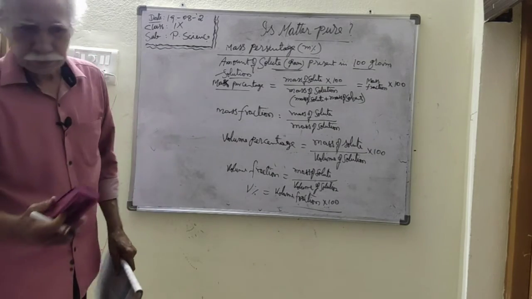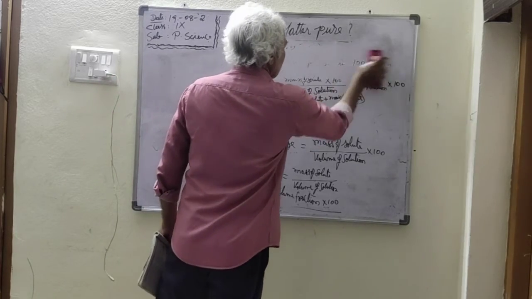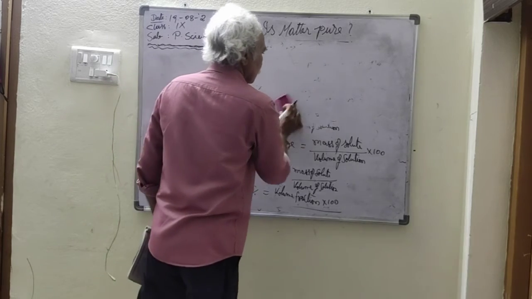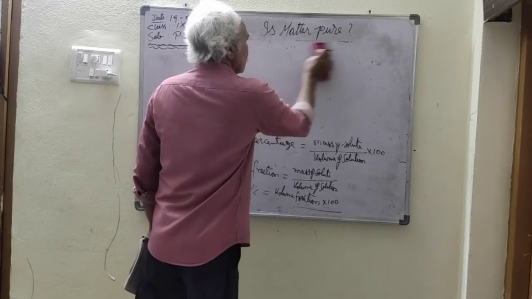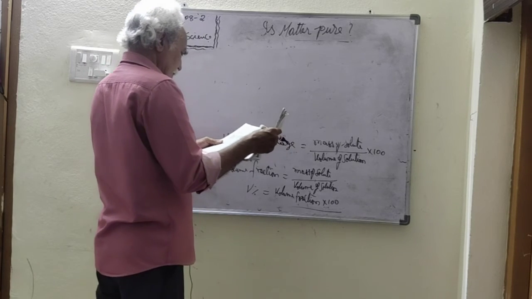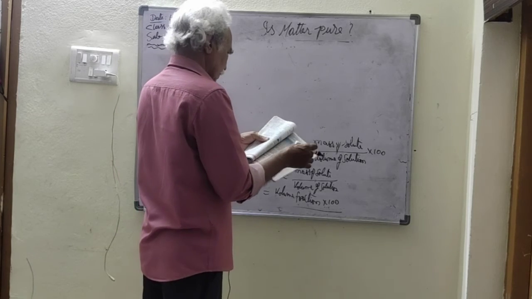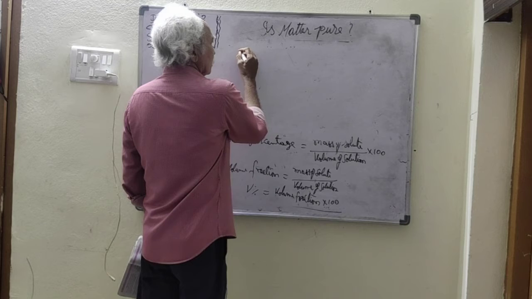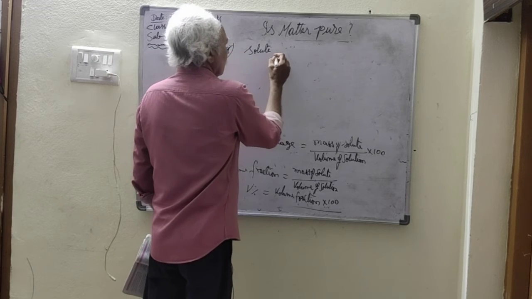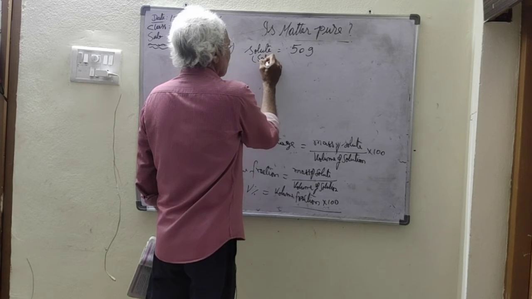Let us see some more examples. For example, a solution is given containing 50 gram common salt and 200 gram water. The solute is the salt, 50 gram.